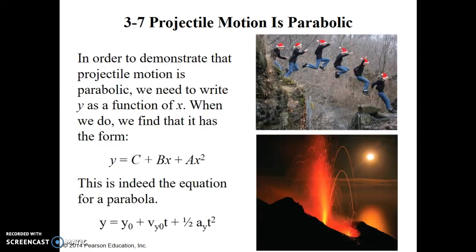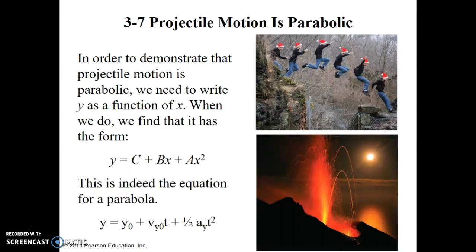Now, to show that projectile motion really is parabolic, we have to remember what the equation of a parabola is. In algebra, you learned that a parabolic equation follows what's called the quadratic equation: y equals ax squared plus bx plus c.